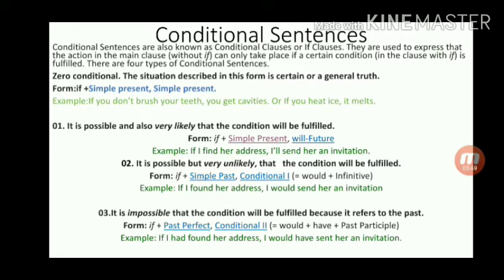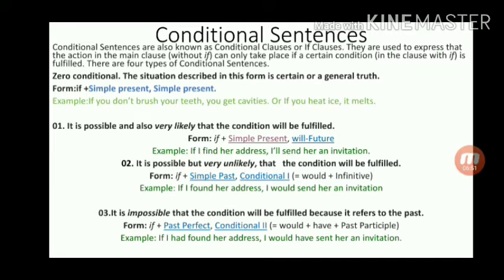The form or structure of the first conditional is if plus simple present, then the second clause, or the main clause, is formed with the future indefinite tense.